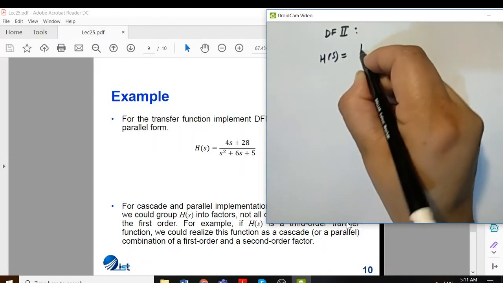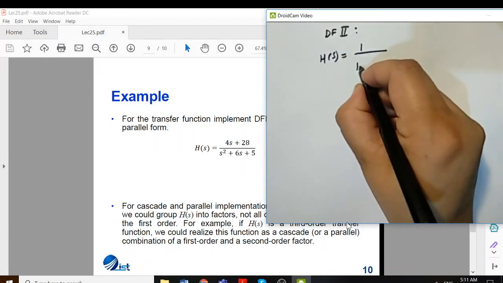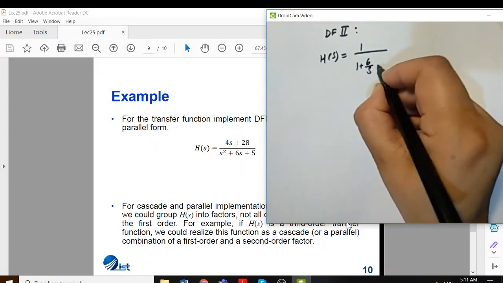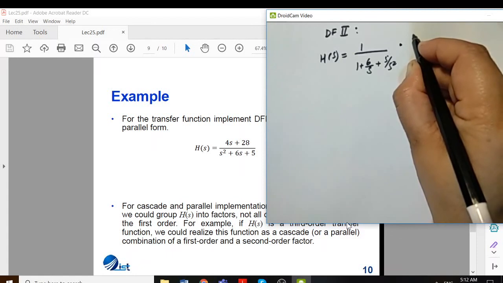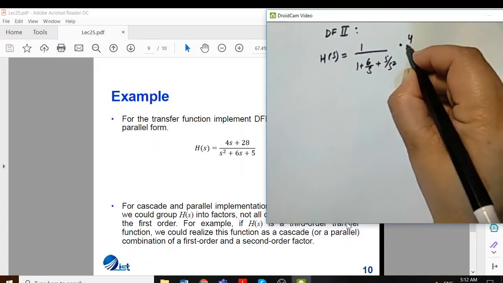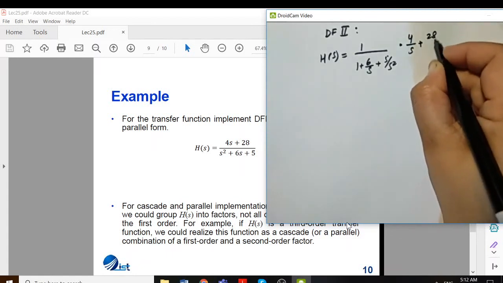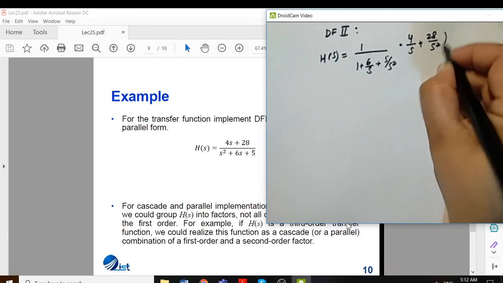Now we'll implement the denominator term first: 1 plus 5 by s square into 4 by s plus 28 by s square.